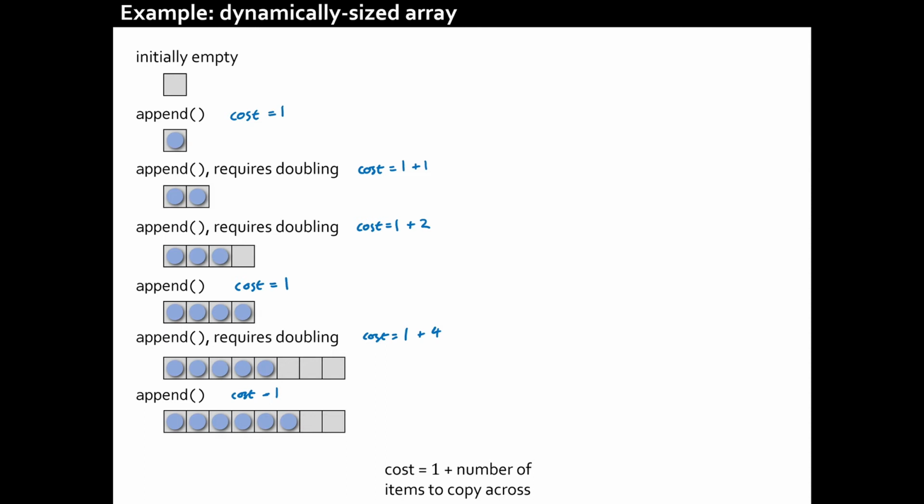So I'm going to invent out of thin air a potential function, and the potential function that I'm going to invent will be phi equal twice the number of items in the array minus the capacity of the array.